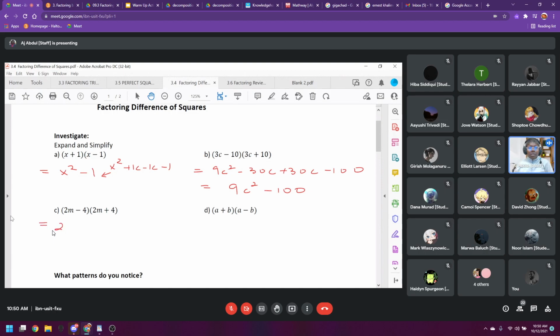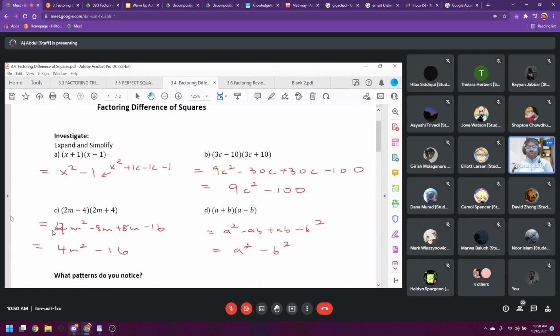I'll continue, because I wanted to have this note. 4m squared minus 8m plus 8m minus 16, 4m squared minus 16. And I expand that: a squared minus ab plus ab minus b squared, a squared minus b squared.